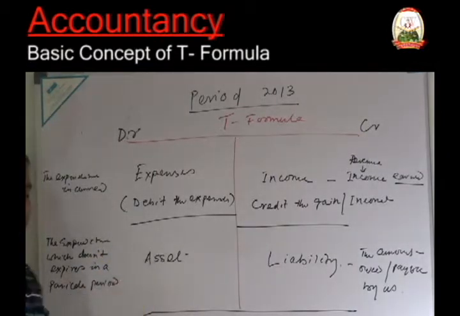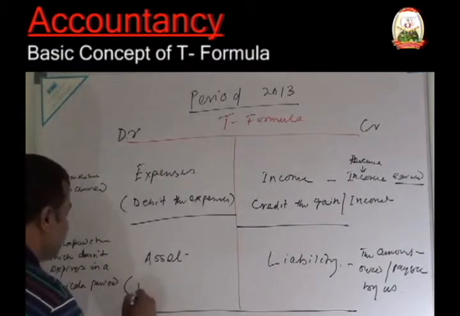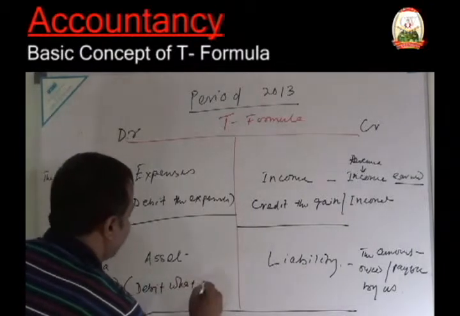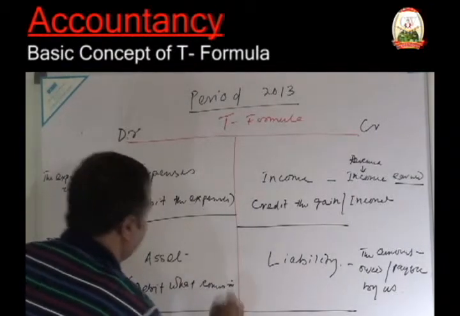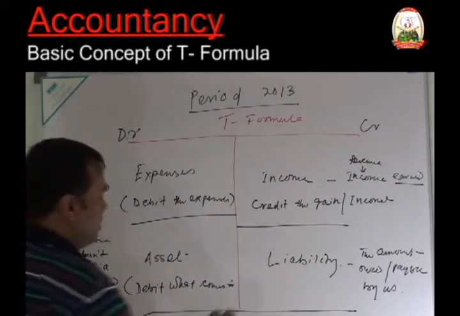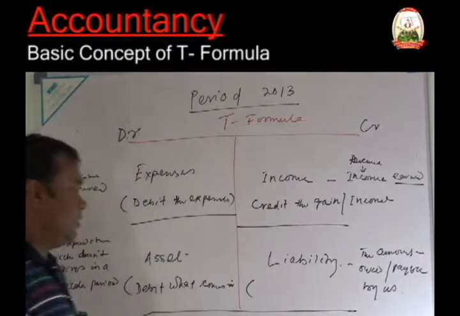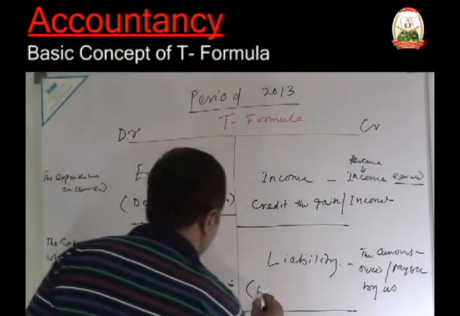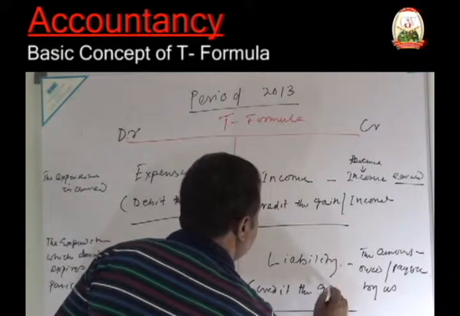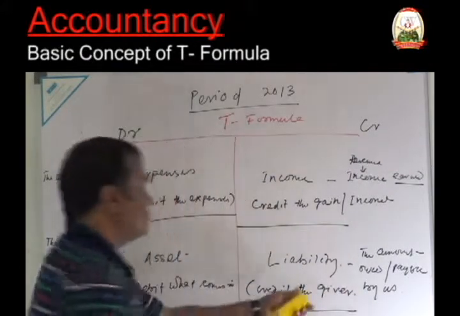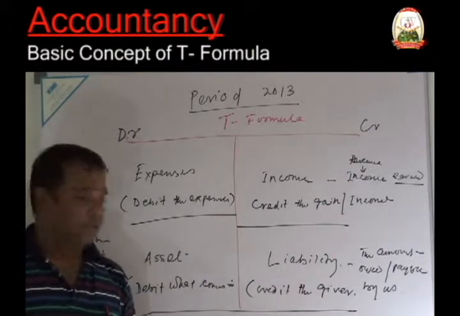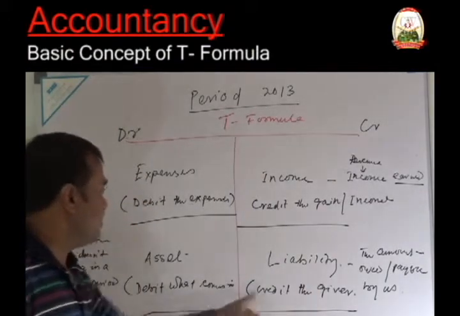Similarly, in case of asset, we term it as debit what comes in. Similarly, in liability, credit the giver, because somebody has given you money, for which it becomes the liability. It is termed as credit the giver.